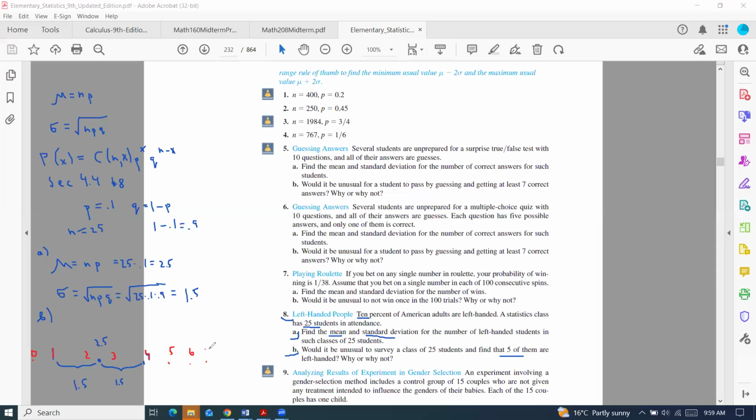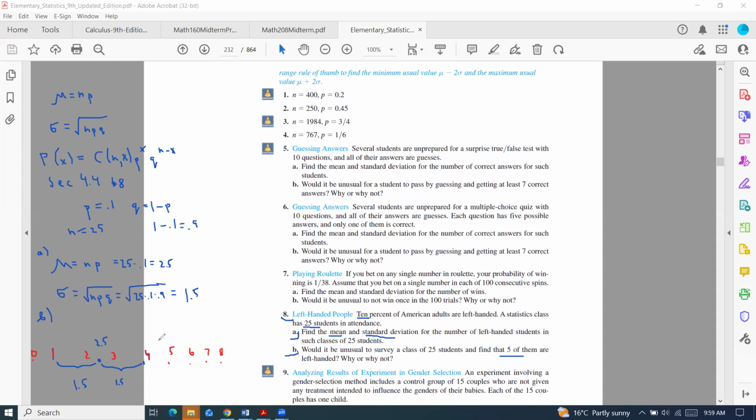Please notice the more we consider, the farther away we're going from the ballpark. So the farther we are, the less likely that you're going to find so many left-handed people, but 4 is very likely, 3, 2, 1.